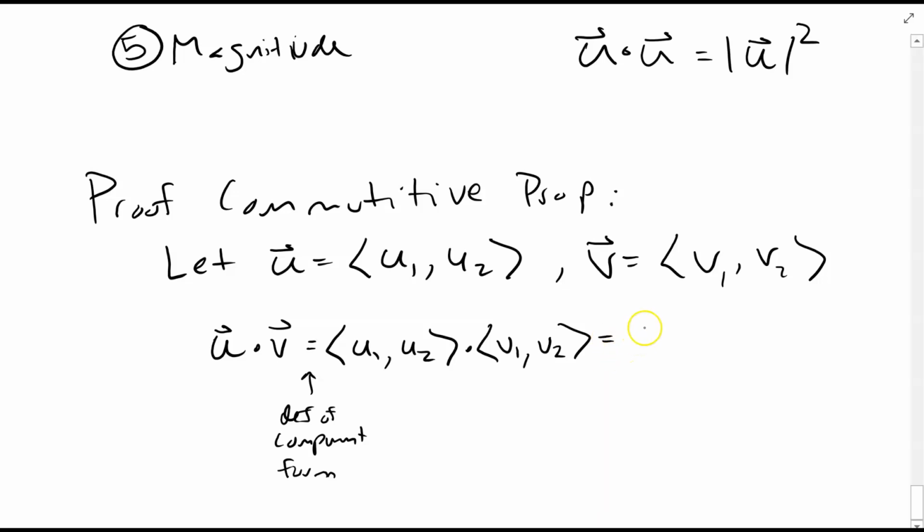No big deal. Now if I apply my dot product definition, I can say that the dot product is the product of the first components plus the product of the second components. Everybody okay there?